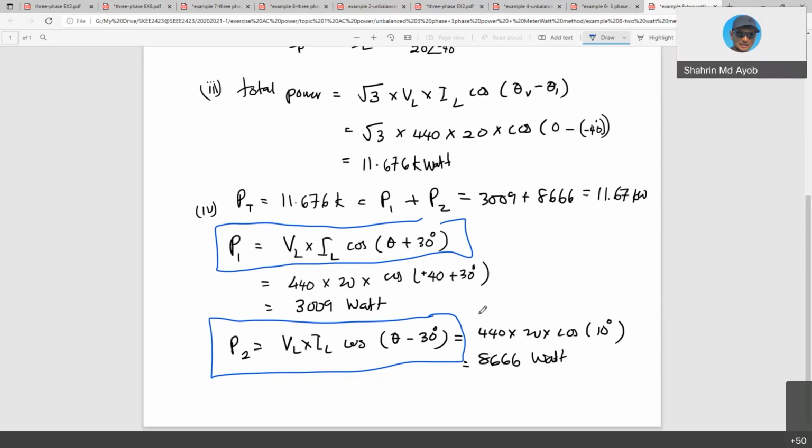You just need to memorize the formula, because it's quite long. If you refer to the textbook by Alexander and Sadiku, it has discussed this.